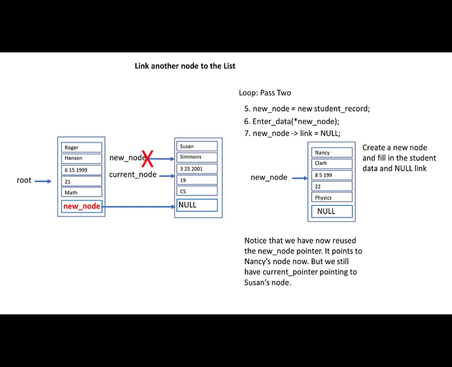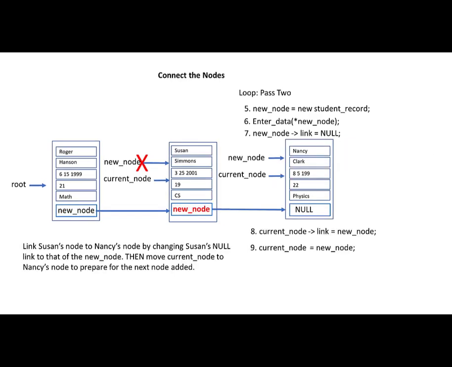We set the link to null. So we have moved the new node pointer away from Susan. Now that points to Nancy. The final thing that we need to do is to move the current node over. So in step number 8, we set the current node link to new node.